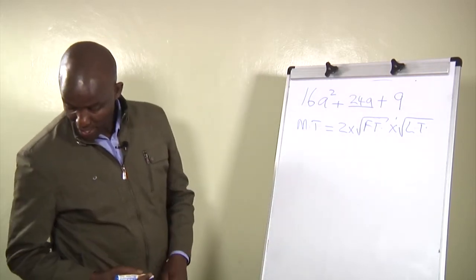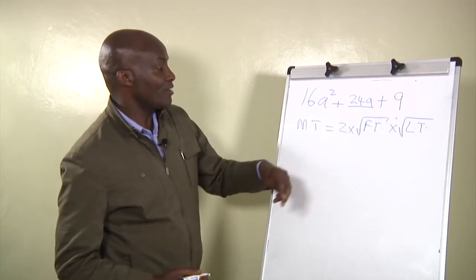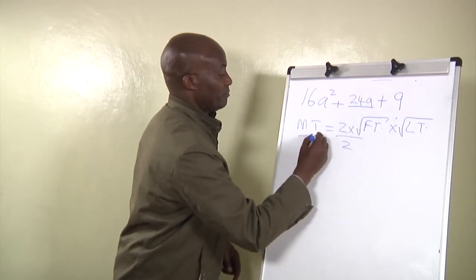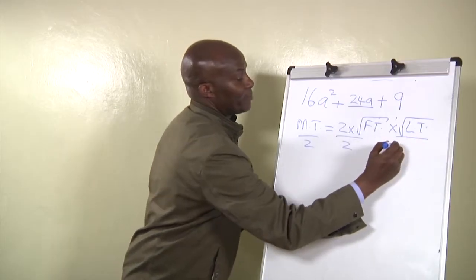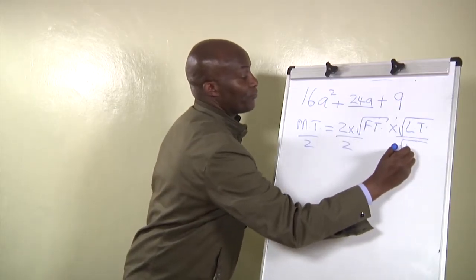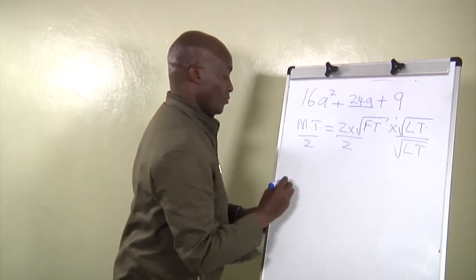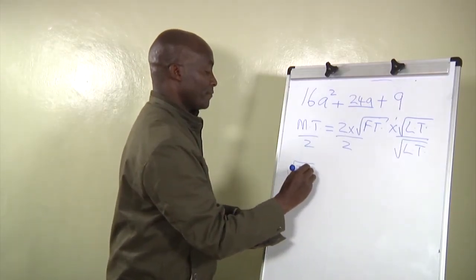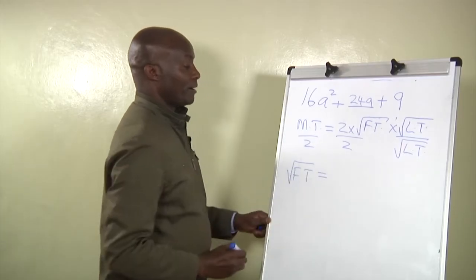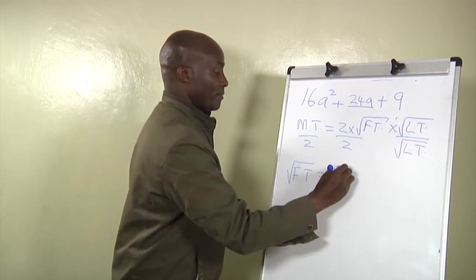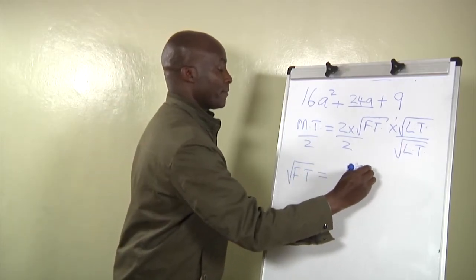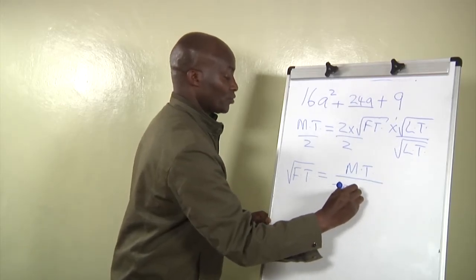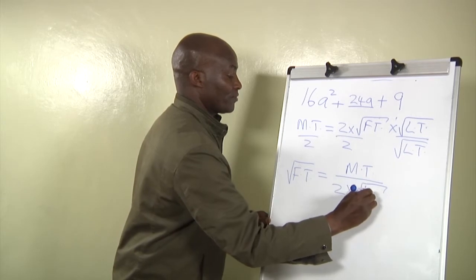Similarly, we can say that by dividing throughout by 2 times the square root of the last term, the square root of the first term will be the middle term divided by 2 times the square root of the last term.